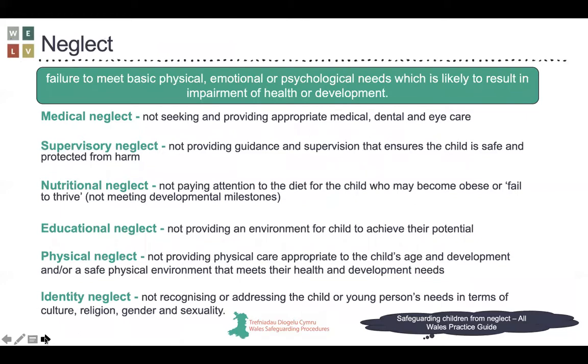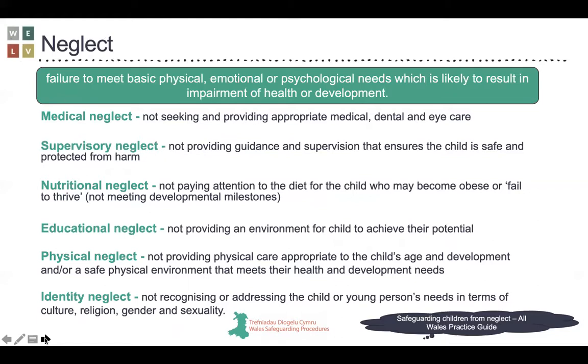Neglect is another key element of harm to a child or young person. The description of neglect is the failure to meet basic physical, emotional, or psychological needs, which is likely to result in impairment of health or development.